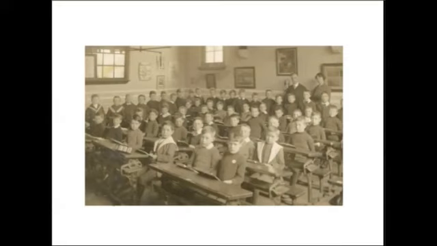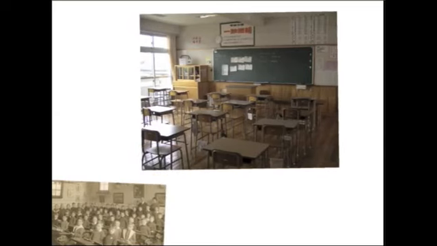It looked a little something like this. You can see everybody sitting at desks in straight rows. Ordinarily the teachers would be at the front of the room delivering the content, and that gets you thinking, what does my own classroom look like? Well, it probably looks something a little bit like that.